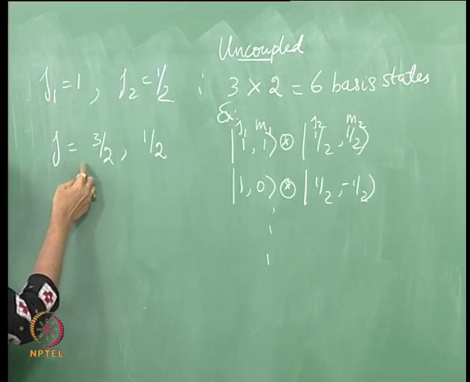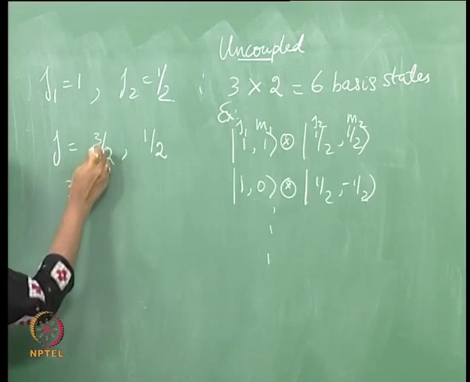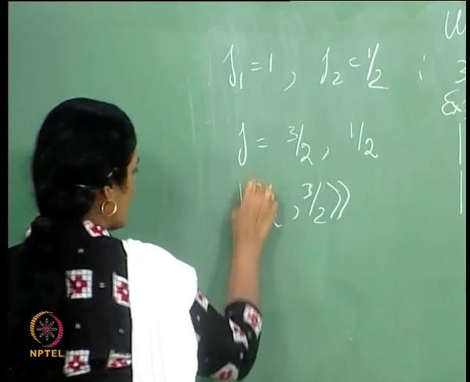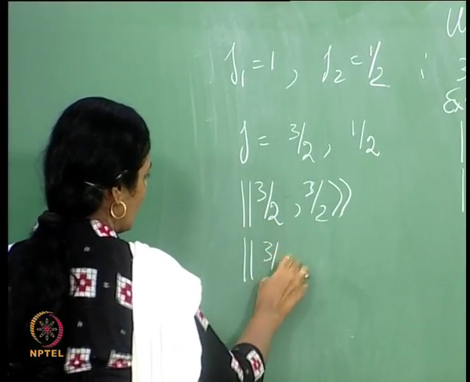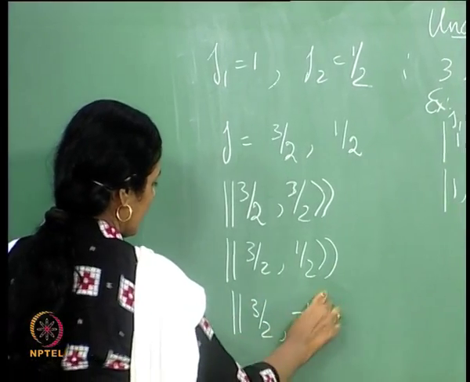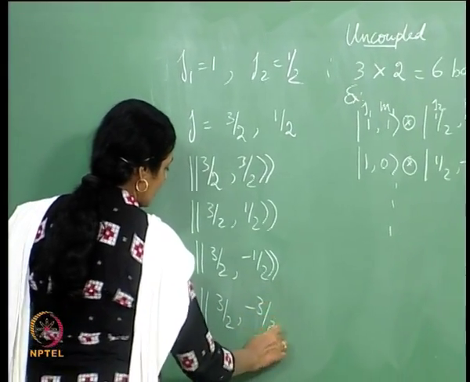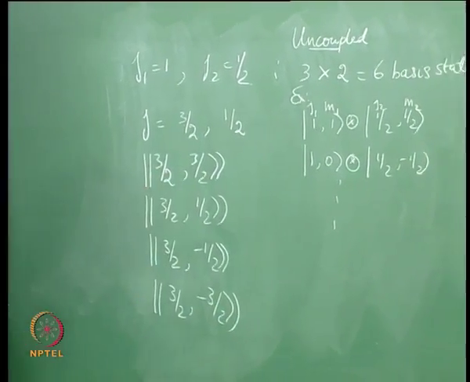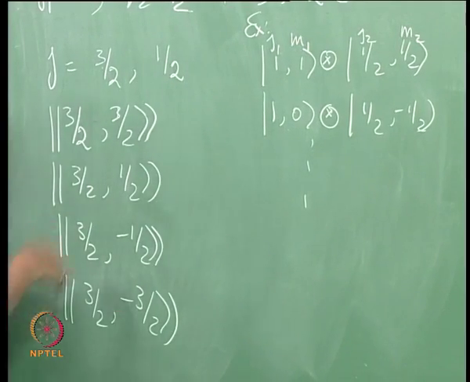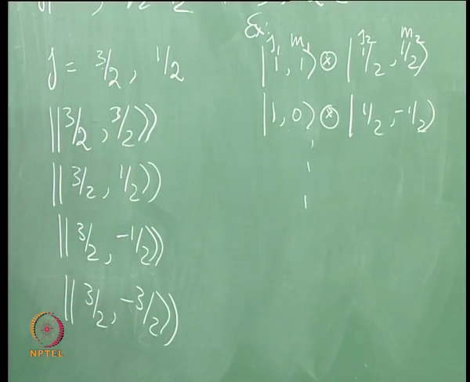There are 2j plus 1 states. So, for each j there are 2j plus 1 states, and for each j value these are the m values. So, that is 4 states corresponding to j equals 3 halves, and m takes values 3 halves, half, minus half, and minus 3 halves.